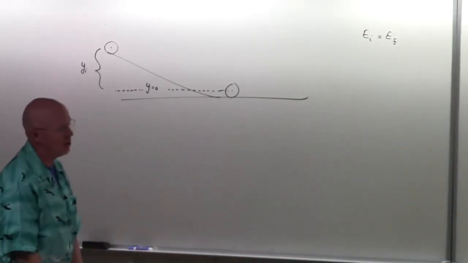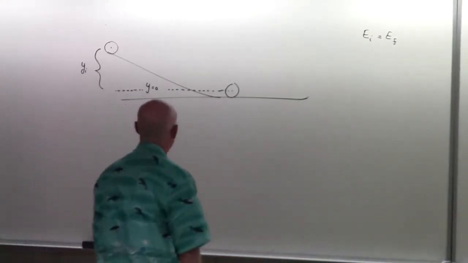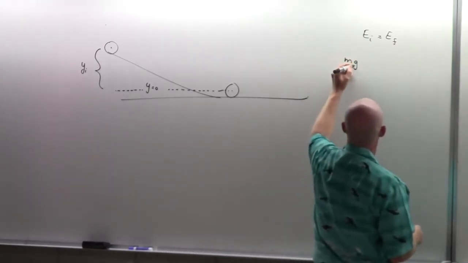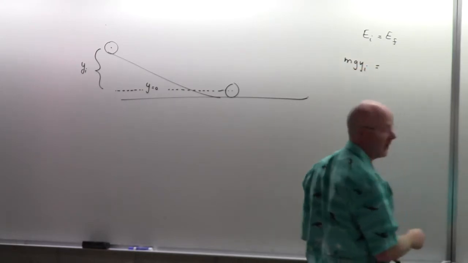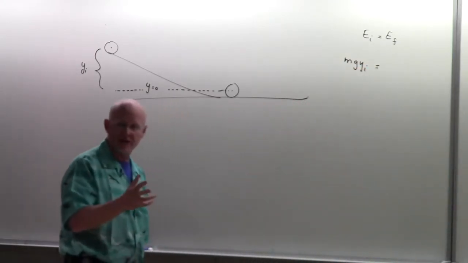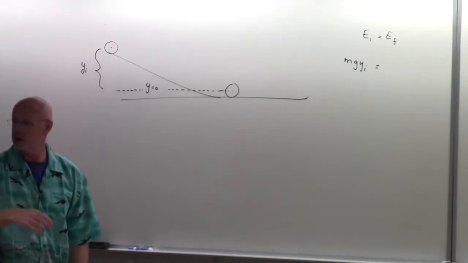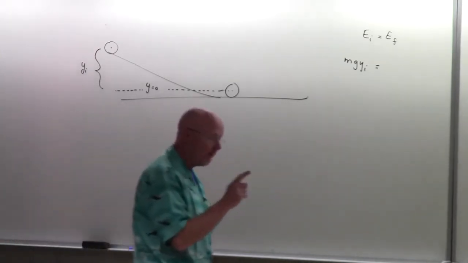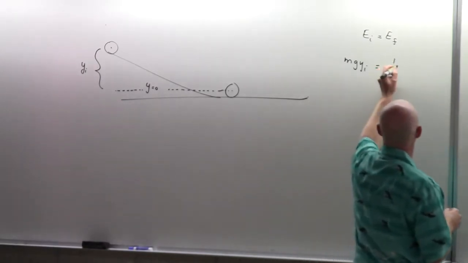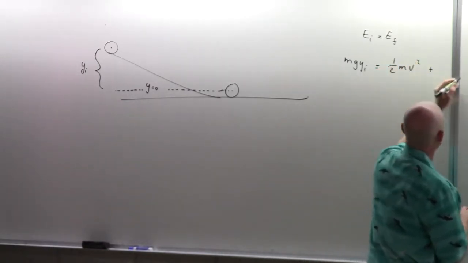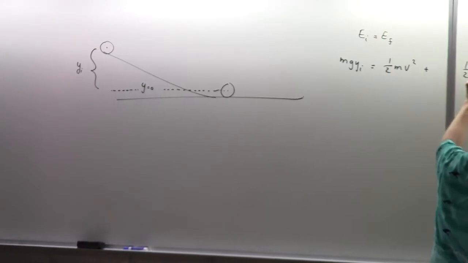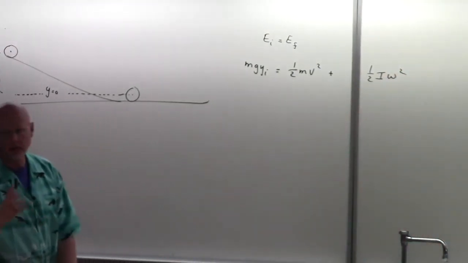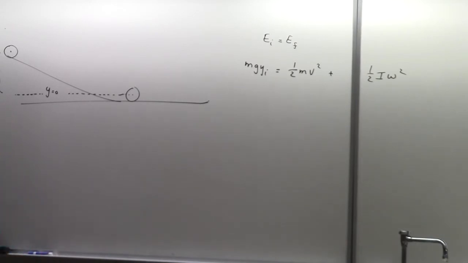What I was trying to show you on Monday, and we'll show one more time here, is that I would put in all the energies before. If I start at the top at rest, there is no kinetic energy, no translational, no rotational. But what is new for this chapter is that when it gets to the bottom of the hill, that object will not only be translating, but also rotating.